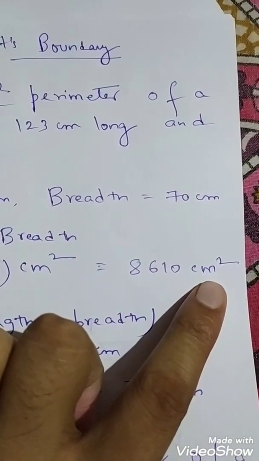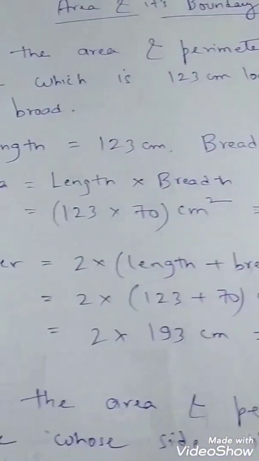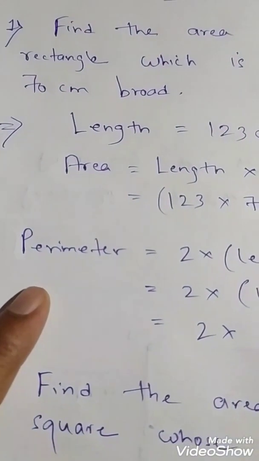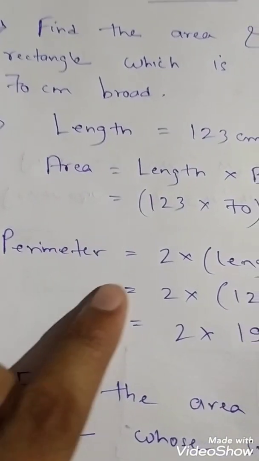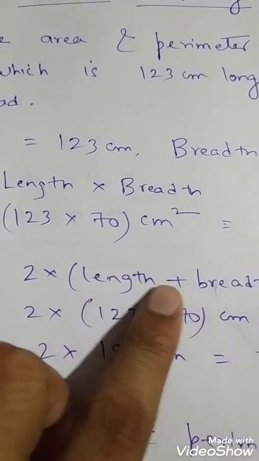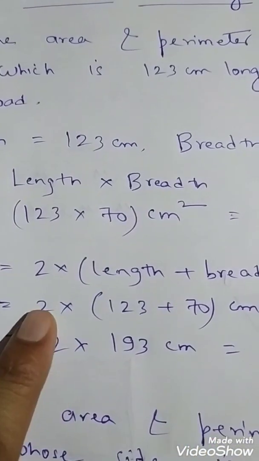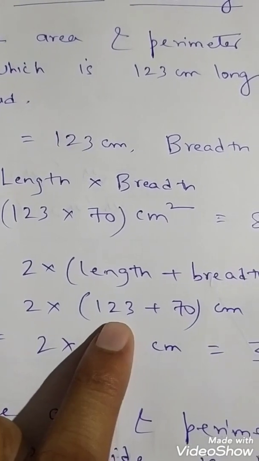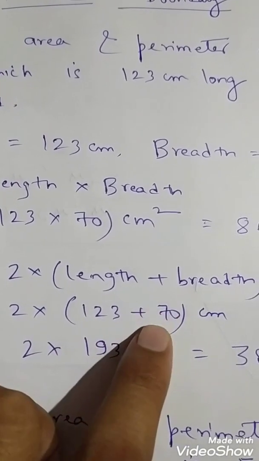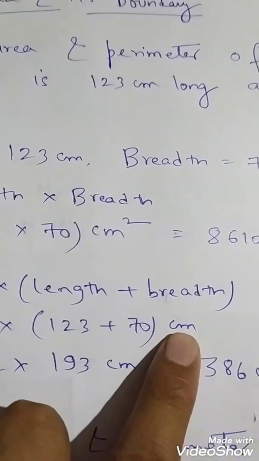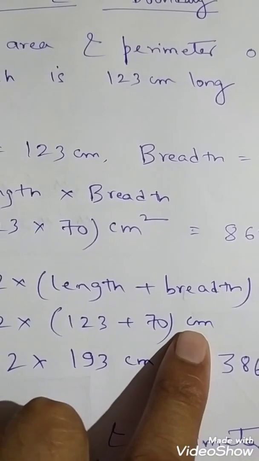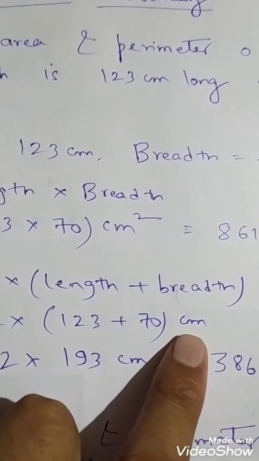So this is the first case, area. Now the second one is perimeter. The perimeter formula is 2 into, in bracket, length plus breadth. So 2 into, in bracket, 123 plus 70, bracket close, in cm. In perimeter, the unit is only cm.